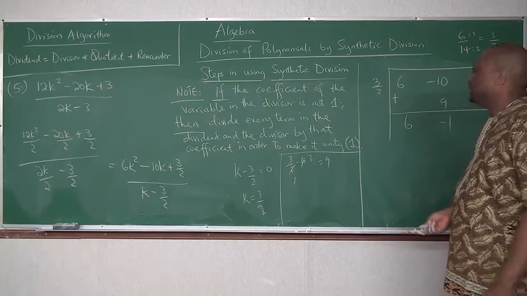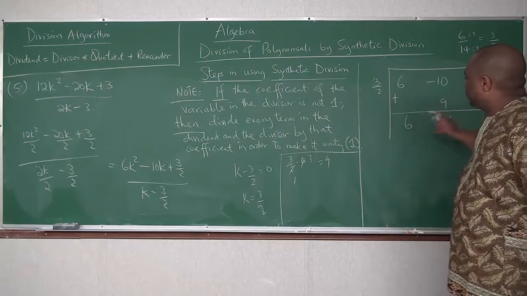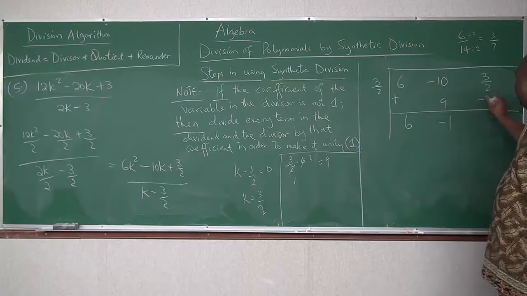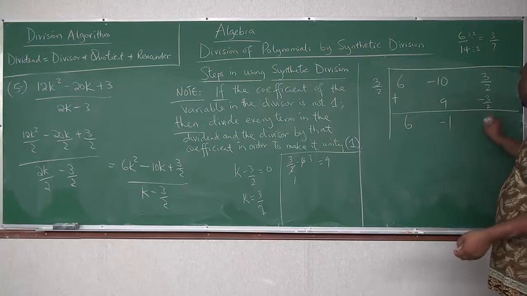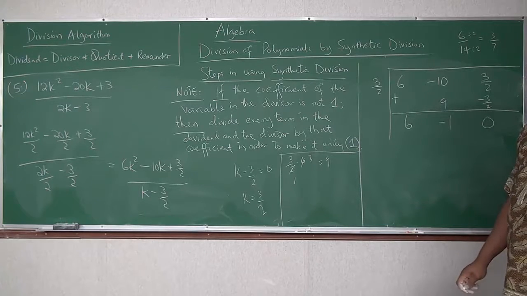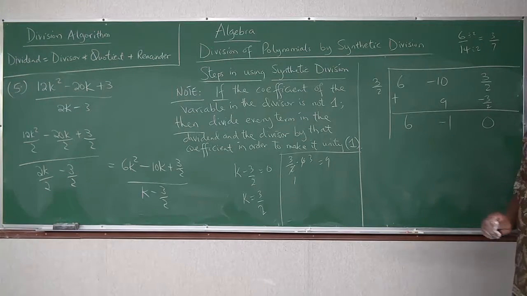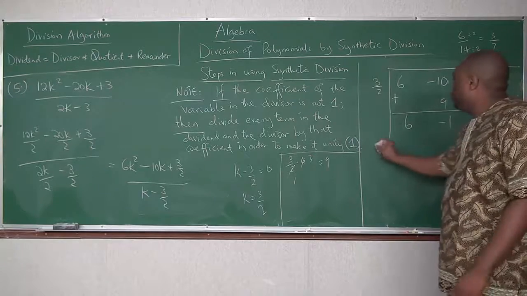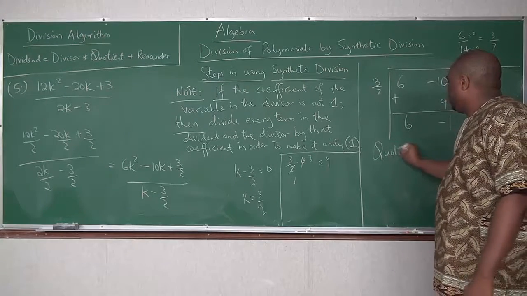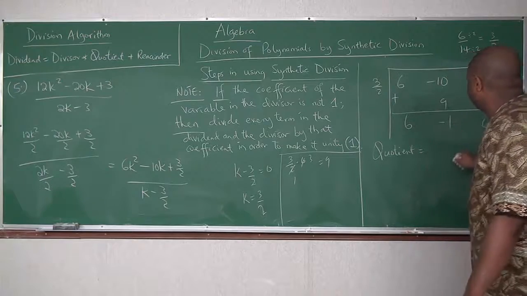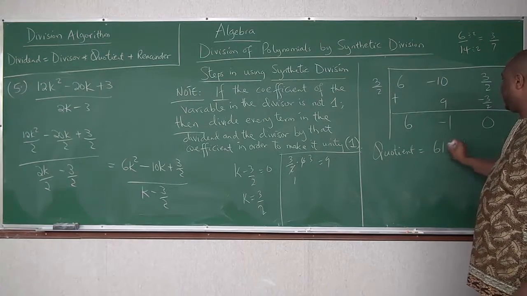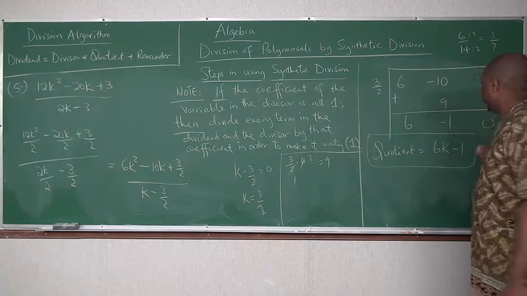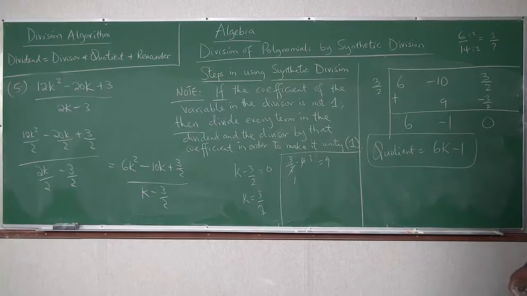Negative 10 plus 9 is negative 1. 3 over 2 times negative 1 is negative 3 over 2. 3 over 2 plus minus 3 over 2 gives us 0. So the remainder is 0, and the quotient is 6k minus 1.